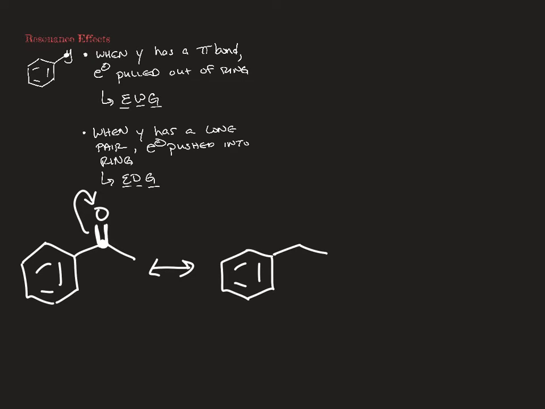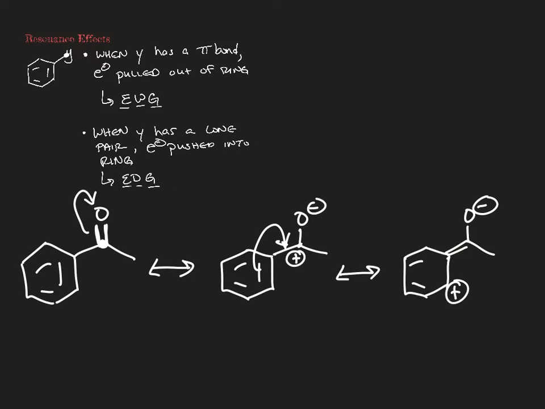That now puts a positive charge on that carbon, negative charge on the oxygen. Now I have that empty p orbital on that carbocation, so I can take electrons from the pi system of the benzene ring and kick them out. So notice here I'm now removing electrons from the ring itself. So this is an electron withdrawing group.